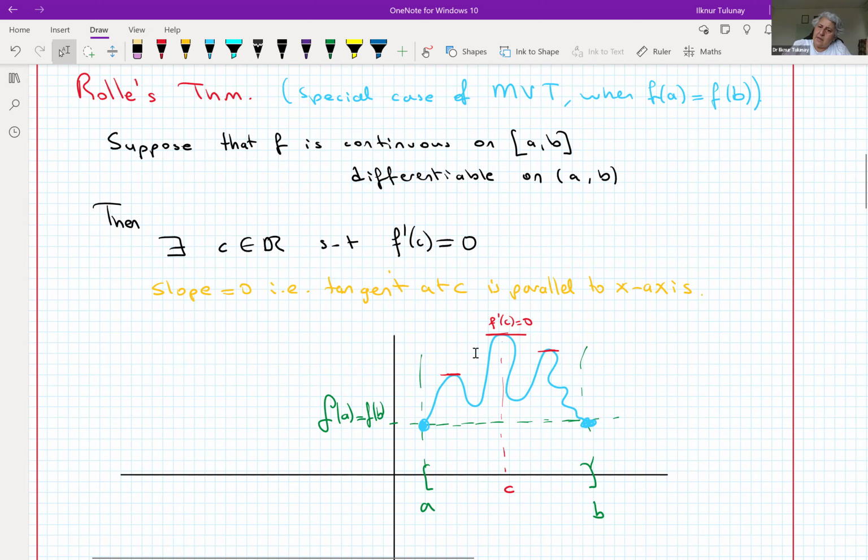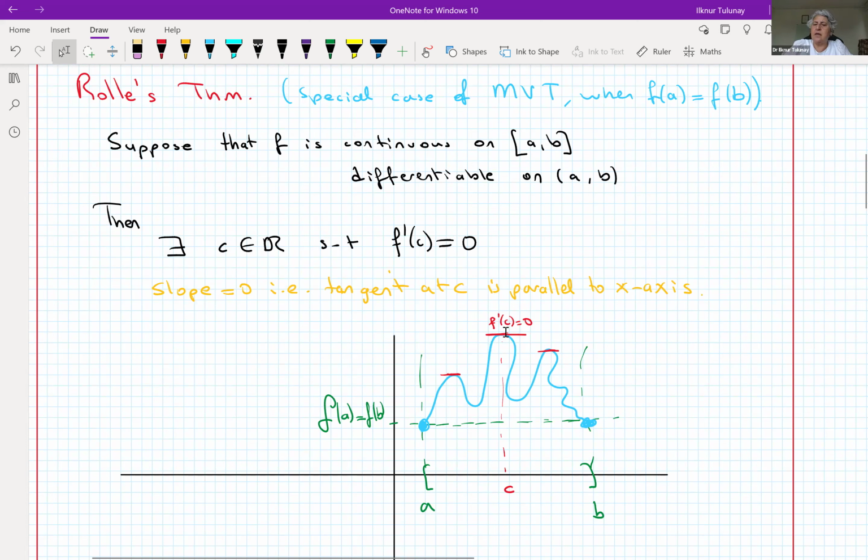This means that the function goes up and down. If you have only one line, then it is already satisfied. Every point from here to here will be parallel to it. You can have some function here as well, some function here as well. But to have such a point means that you are going up and down. At least you have one up and down.